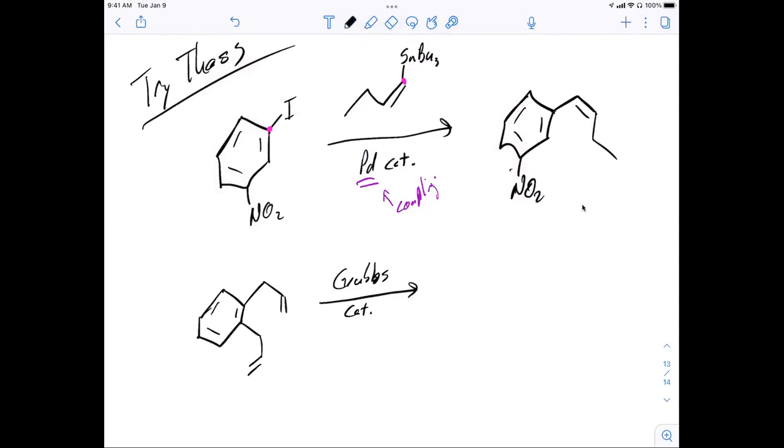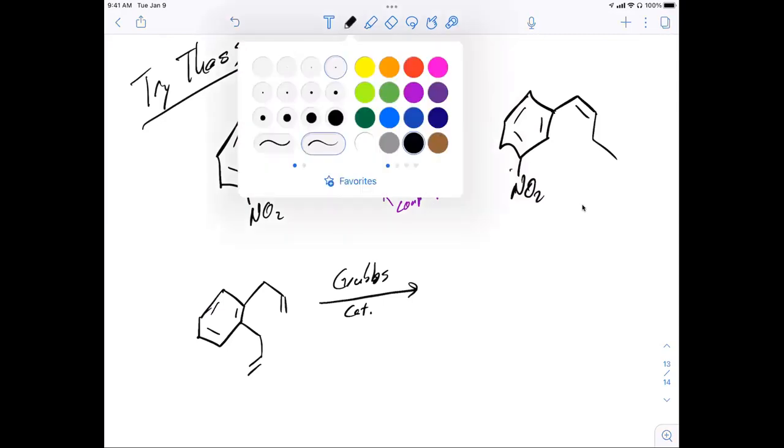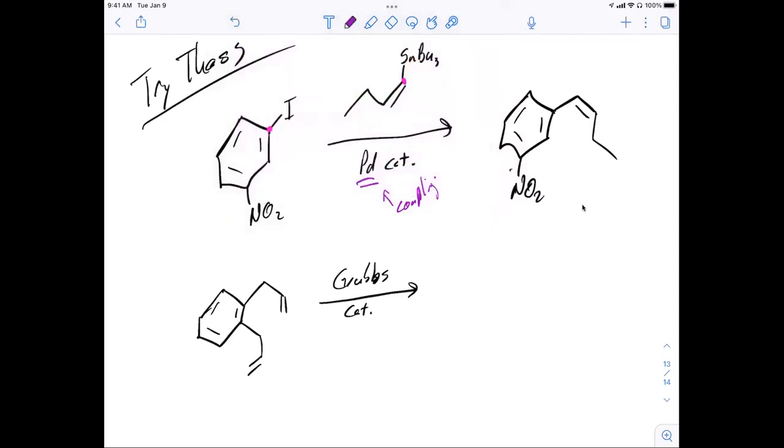The second one, I have a Grubbs, right? So Grubbs or Schrock, right? If you see these catalyst names, this is going to be a metathesis. And what a metathesis means is I'm going to clip those two things and hook them together, right?